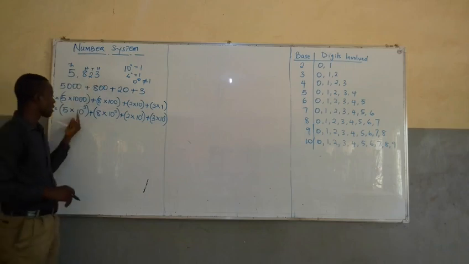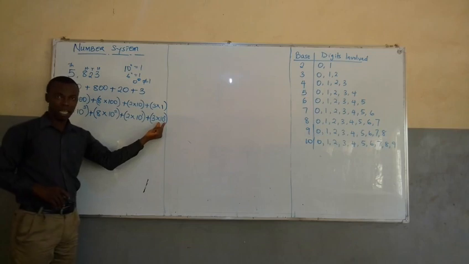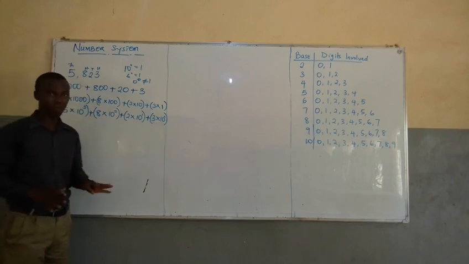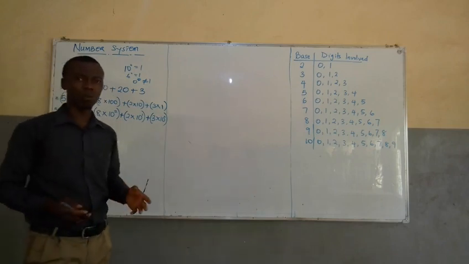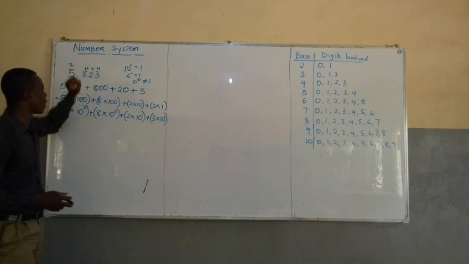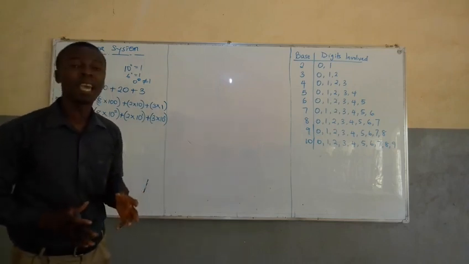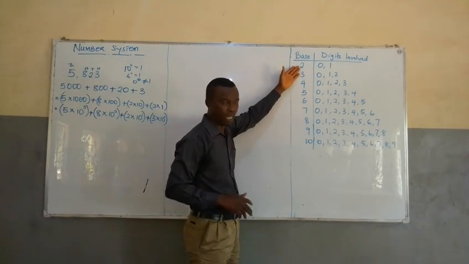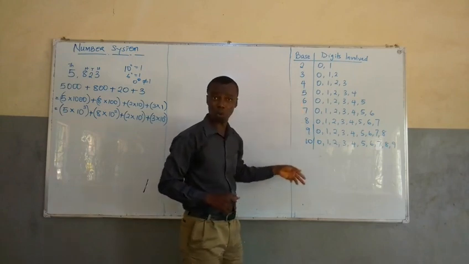Now you notice that here we have 10, 10, 10, 10, and that is to say that this number is in base 10. So when we say number bases, that's just exactly what we mean. So I can say that this number is written in base 10, but are there other bases in which we can write numbers? Yes, of course. Numbers can be written in base 2, they can be written in base 3, 4, 5, 6, 7, 8, 9, and so on.